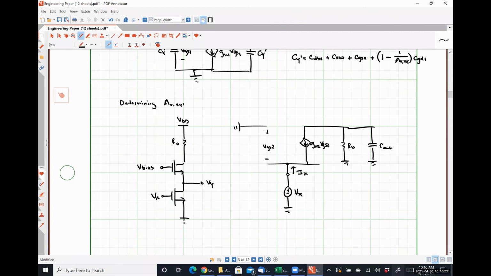So Ix has to be negative GM2 VGS2, right? Can't be anything else because all of this current can't flow through that open circuit, so it has to be flowing down through our test voltage source. So Ix is negative GM2 VGS2. Well, Vx is the potential difference between this node and ground, or the same thing as negative VGS2.